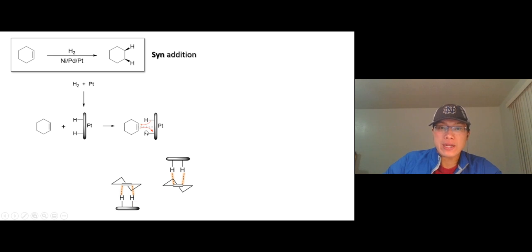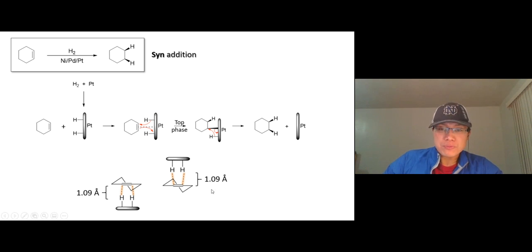All right, hydrogen gets added onto one carbon first. Let's say it's the top face, and then the other one is added on the same top face, and that's why you get syn addition right there. And the reason the platinum or the catalyst interacts with the alkene on either the top or the bottom face is because when it approaches the alkene, the distance from the double bond to the hydrogen atoms is about 1 angstrom, which is really close to a carbon-hydrogen single bond.